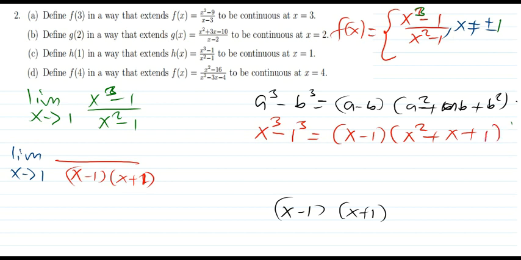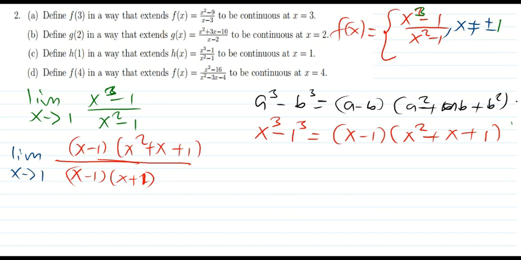So on top here I'll replace that with x minus 1, then x squared plus x plus 1, like that. Now what I'm going to do is I'll say limit as x approaching 1. I can clearly say that these two can cancel. I'll have x squared plus x plus 1 divided by x plus 1.